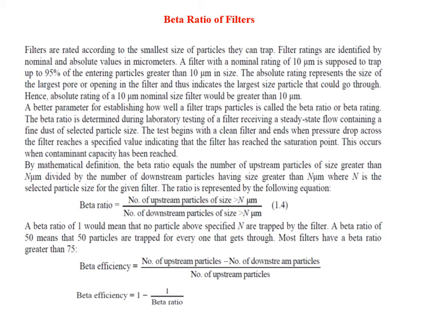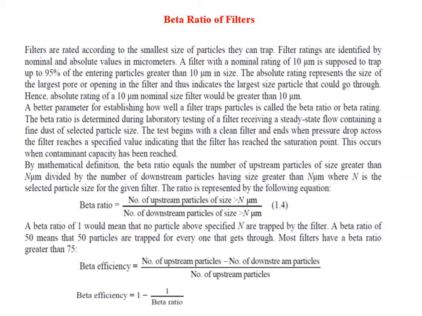To calculate the efficiency of a filter, we use the beta ratio and beta efficiency. What is the beta ratio? The beta ratio is the ratio of the number of upstream particles of size greater than n micrometer to the number of downstream particles of size greater than n micrometer through the filter. That means the number of particles before the filter divided by the number of particles after the filter.